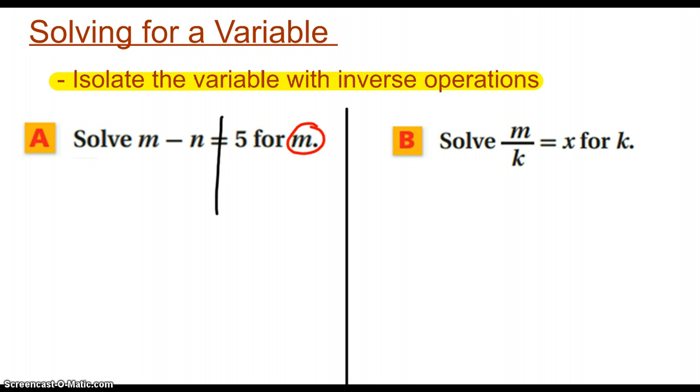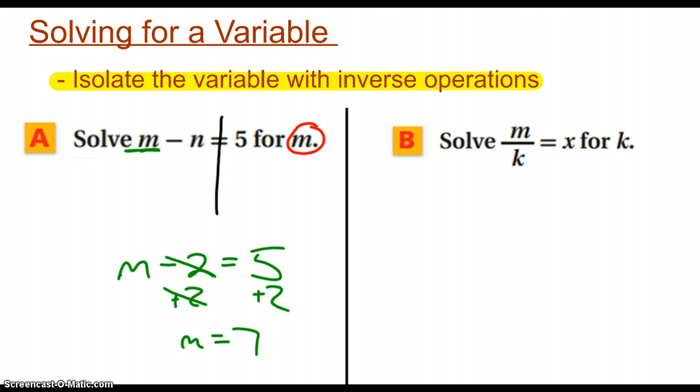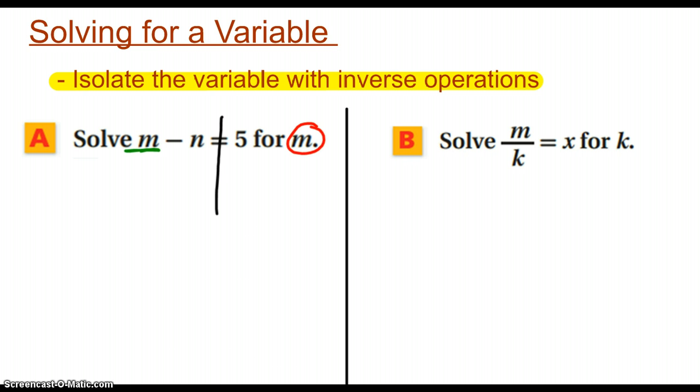So what we want to do is try to isolate m. So if we had something like m minus 2 equals 5, we would know that m would be 7 because I could add 2 to both sides and get m equals 7. All right. We're going to do the same thing here. We just don't know what n is. So we're going to look at what's happening.